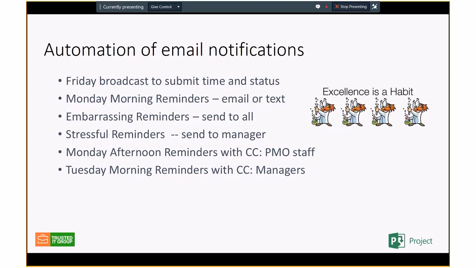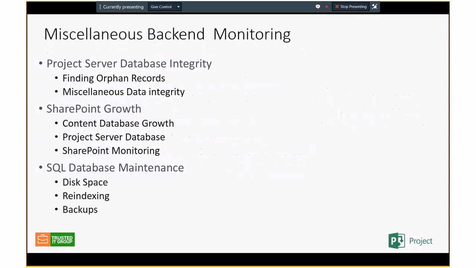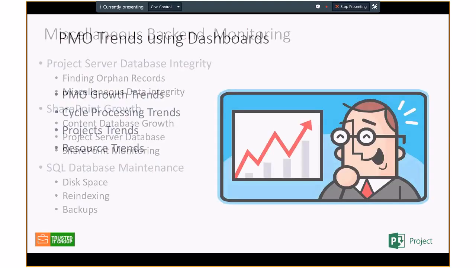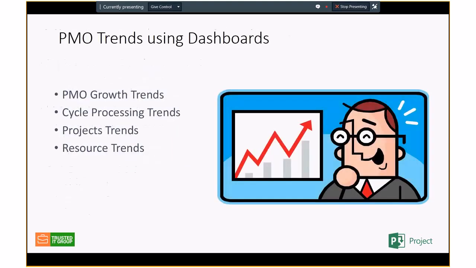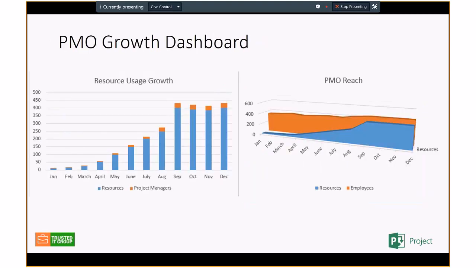There's other things to back up or monitor. And so I've come up with some dashboards to monitor. I'm going to go through these real quick. This is a dashboard showing a rollout of a new PMO, and what you want to see is resource usage growth increasing over time, and that's what this is showing as more and more people rolled out into the PMO.